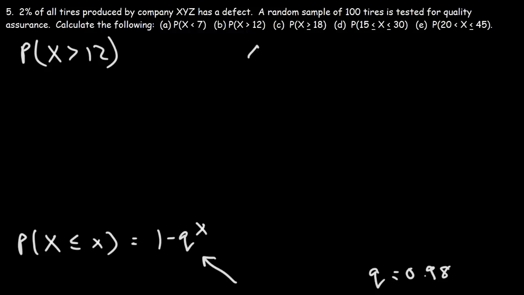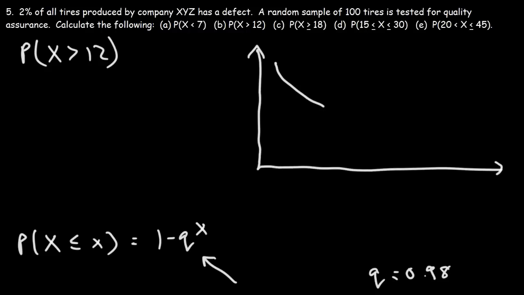Let's draw a picture. So this is the shape of a geometric distribution. We have the probability on the y-axis, the random variable x on the x-axis. Now this is going to range from 0 to infinity. But for this problem, our focus is 12.